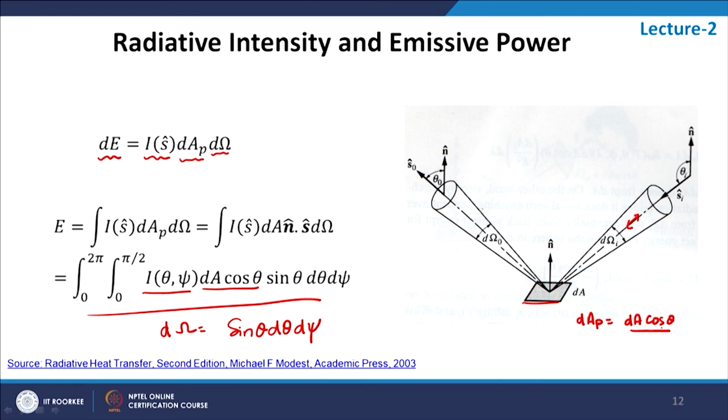For a black body, as we will see later, the intensity does not depend on theta and psi, that is, it is independent of direction, and we can take it out. We will prove this in the next lecture also.